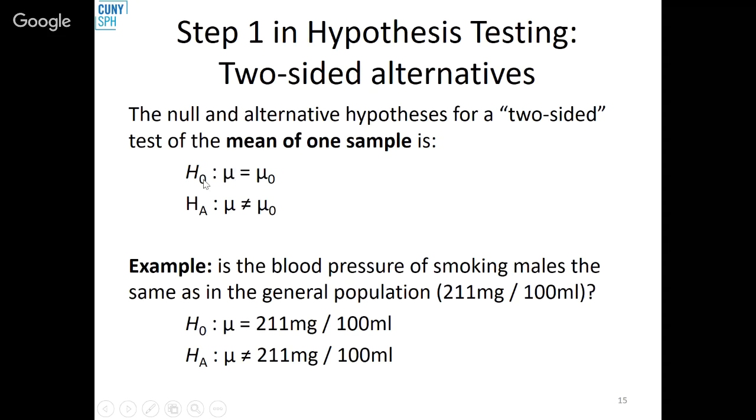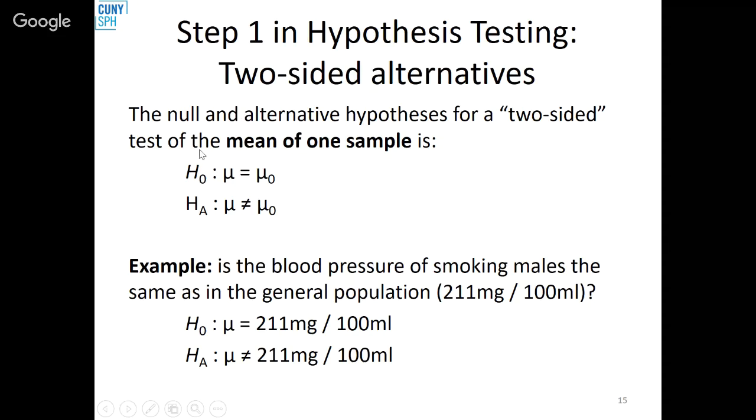So the null hypothesis is that the population mean from which we draw our sample is equal to the population mean for our reference population. And the alternative hypothesis is just that this population mean from which we draw our sample is not equal to the mean from our reference population.